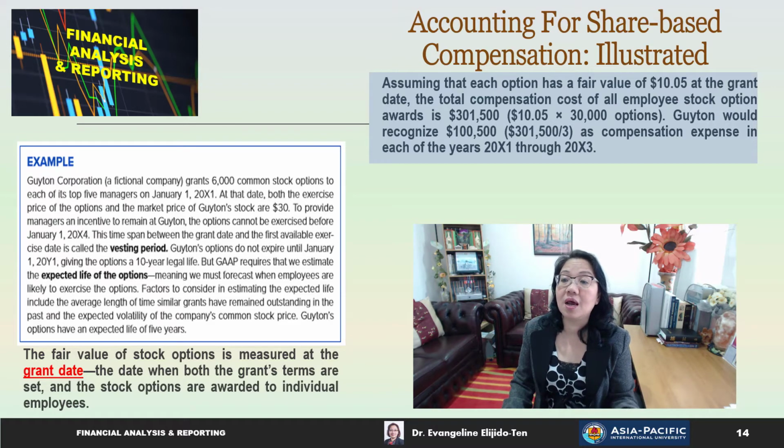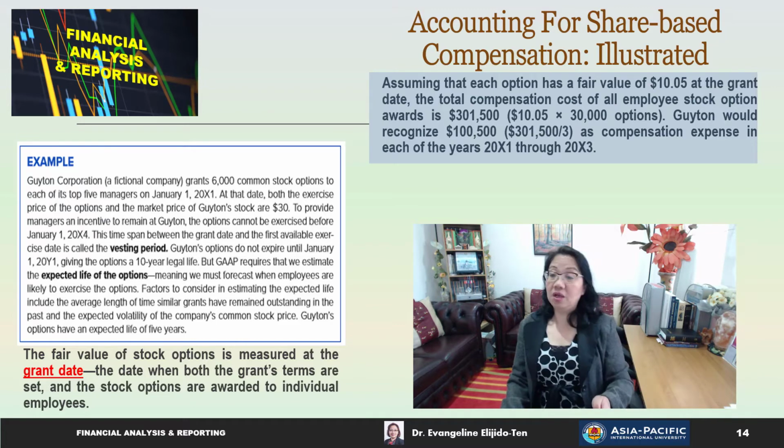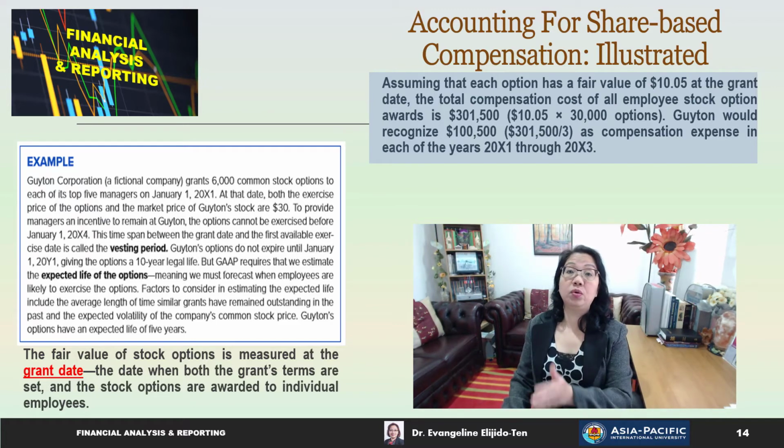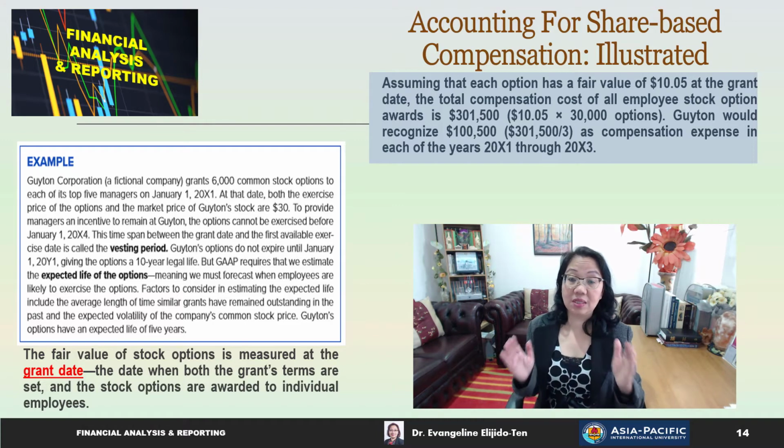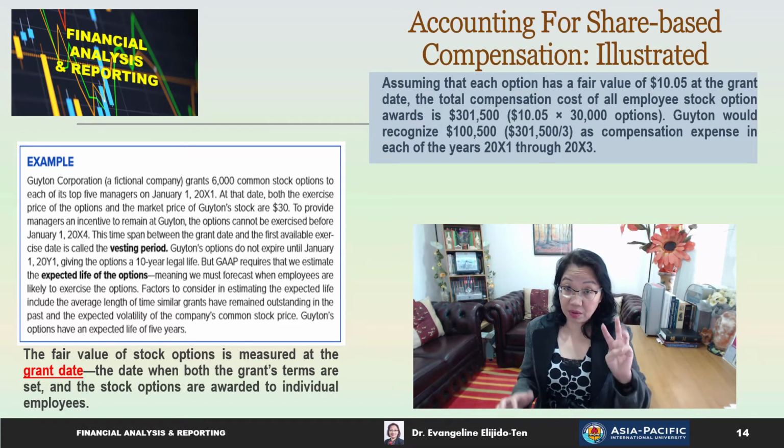So that's $301,500. Now, it says here that Equity-Ten would recognize $100,500, that is $301,500 divided by 3, as the compensation in each of the years from 20x1 through to 20x3, because that's the vesting period, 3 years.